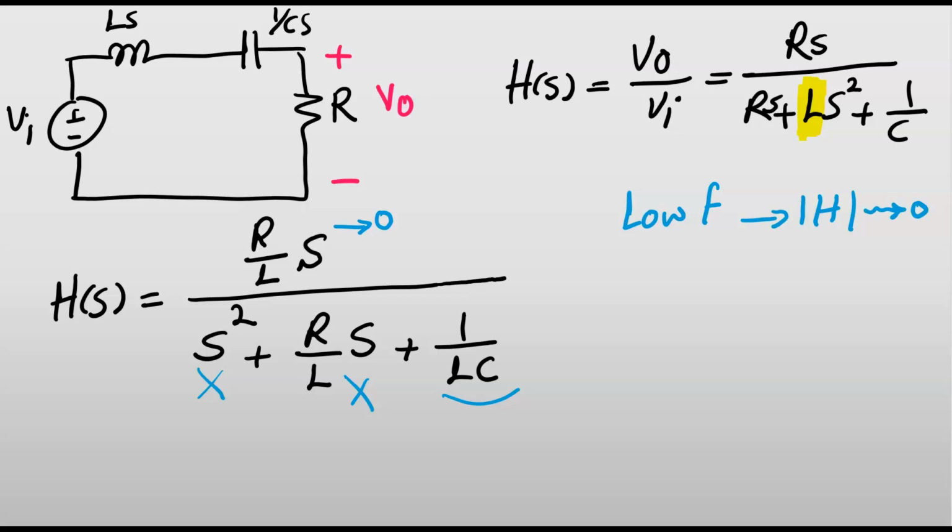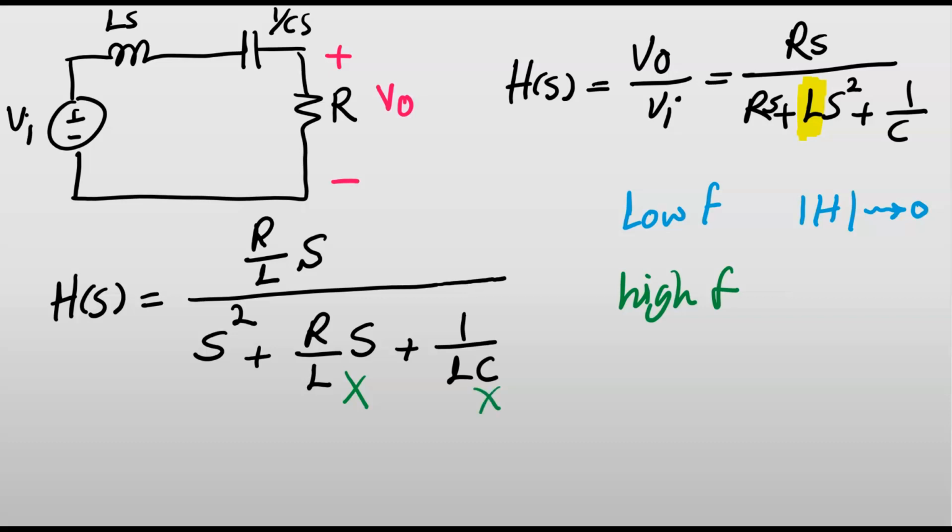Now in higher frequency, if I look at my transfer function again, S is approaching infinity. In the denominator, comparing S and S squared, I can neglect S and obviously the constant.